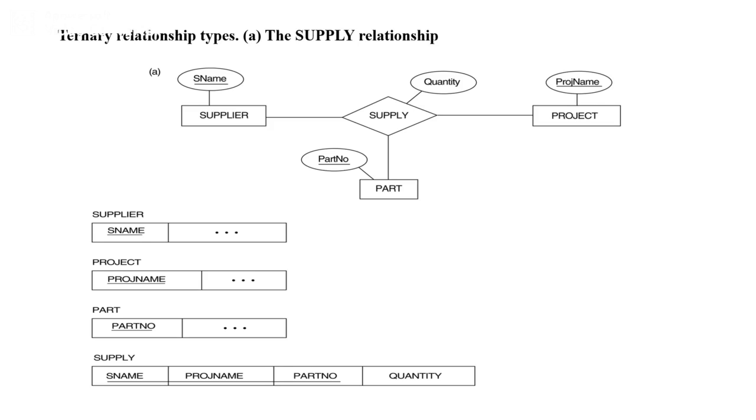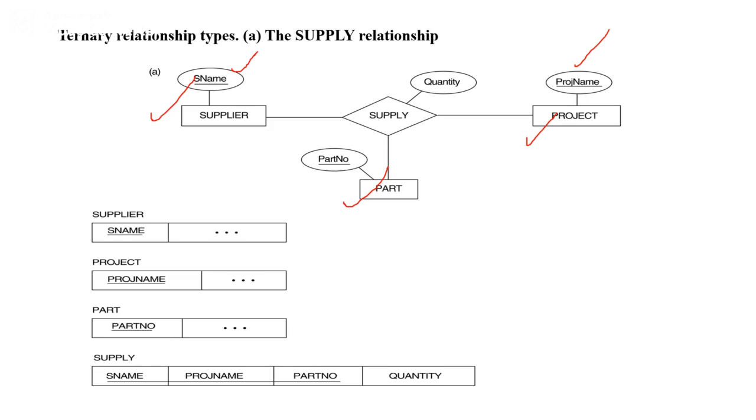So from this diagram you can see this is the ternary relationship type where supply is the relationship and it includes 3 entity types. One is supplier, the second one is part, and the third one is project, where project has a primary key attribute, that is project name, and supplier has a primary key attribute, that is supplier name.